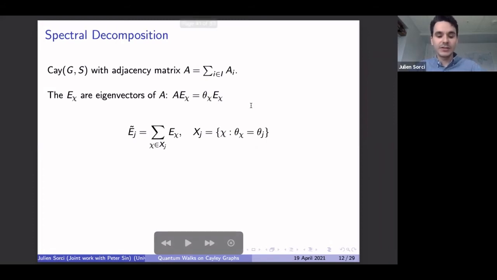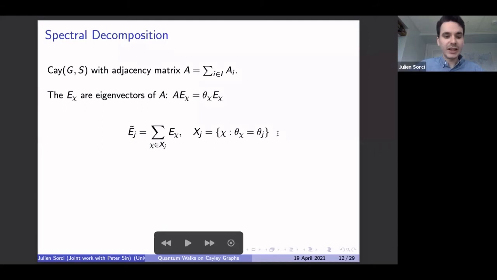Now, one of the consequences is that we can take the projection onto the theta j eigenspace, and write it as a sum of these E sub chi's. Namely, a sum over the chi's that afford us the eigenvalue theta sub j.